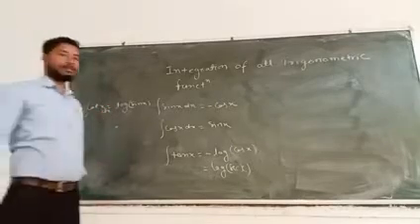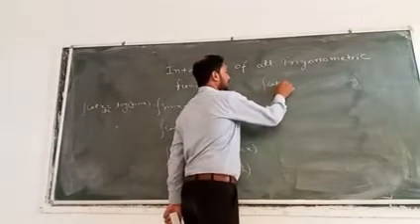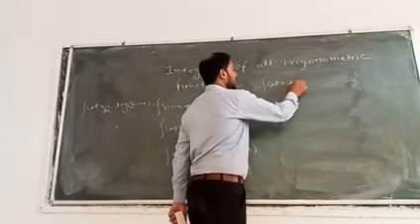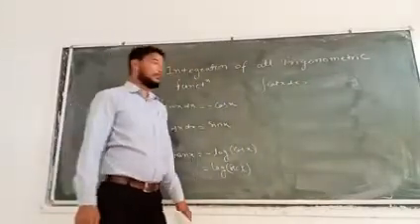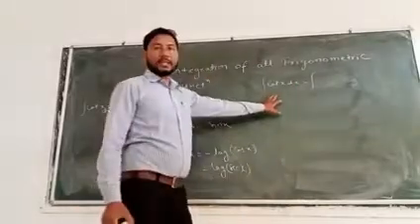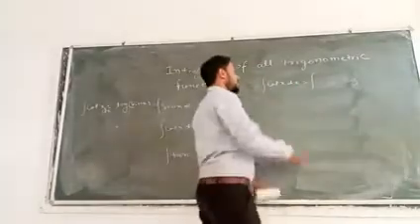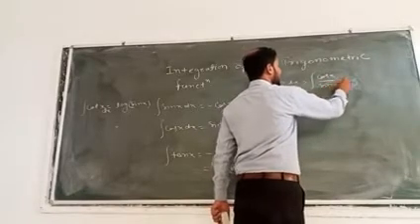I will explain. Integration of cot x is literally similar to the integration of tan x. When we rewrite cot x in the form of sin and cos, we find cos x upon sin x dx.